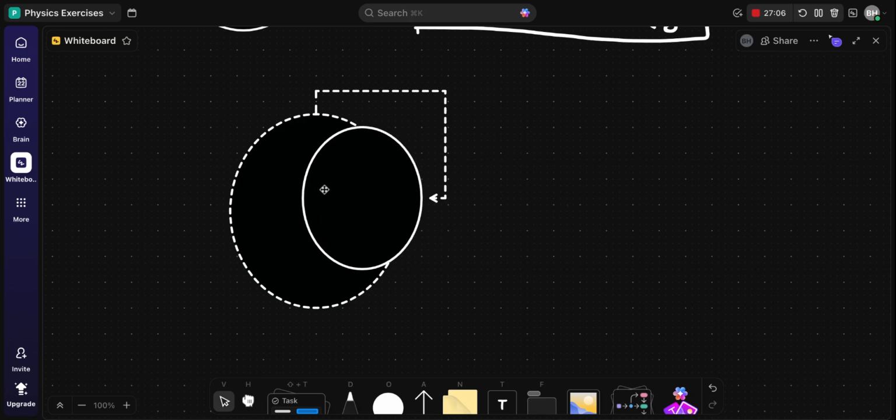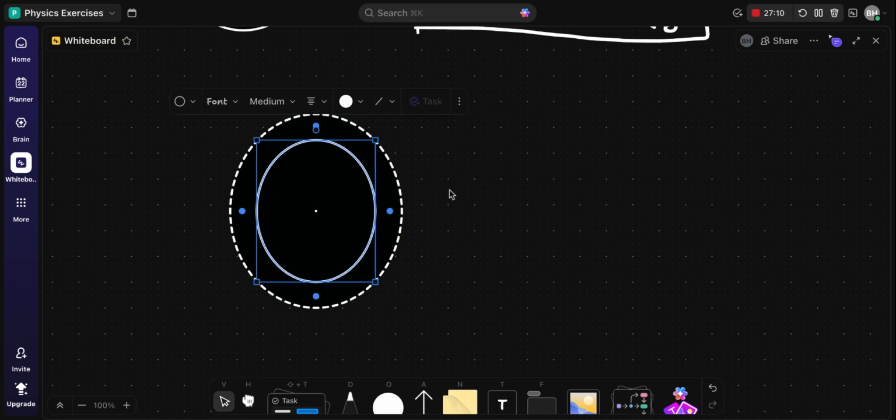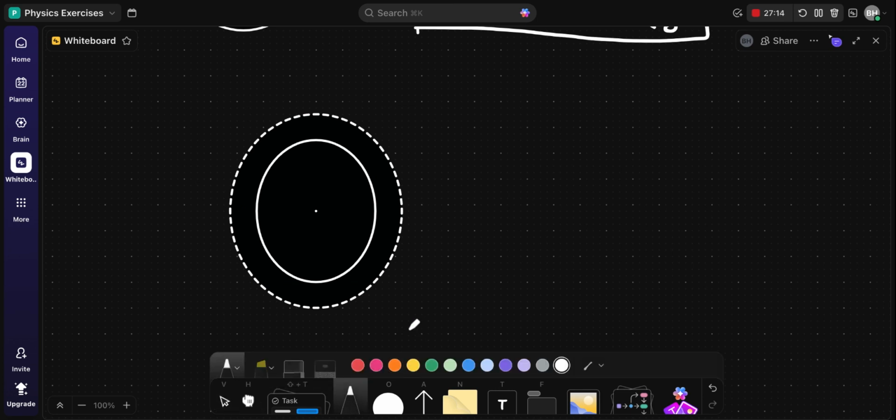Now I move this sphere inside here. What I'm trying to represent here is that now we're outside. That's the radius of the actual sphere, and this is small r, the radius of the Gaussian sphere. And now the Gaussian sphere includes the charge density.